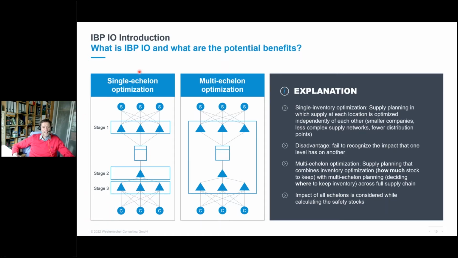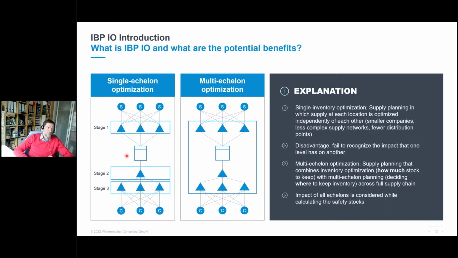The left-hand side is the single echelon optimization for safety stock that is executed in the eSPP system. And there we are trying to find the optimized safety stock on each level separately. So that is convenient and reasonable, and giving us very good results for smaller companies, fewer distribution points, and not really complex bill of distributions or networks.